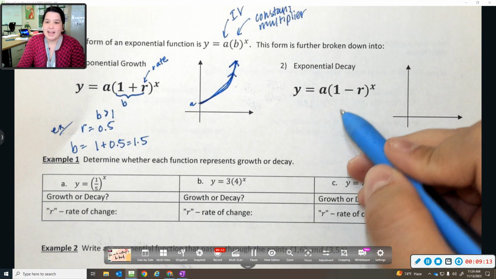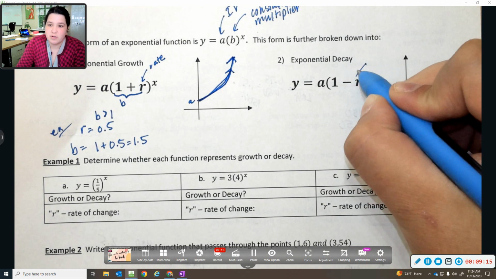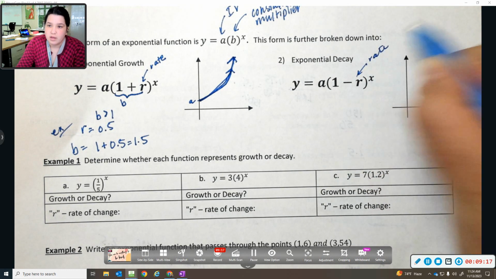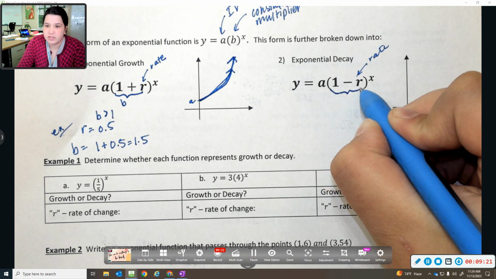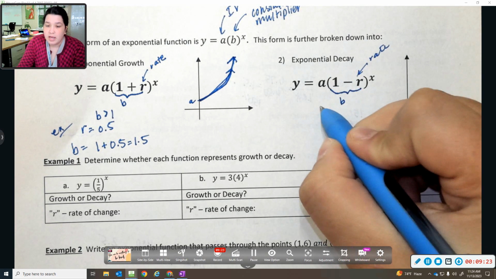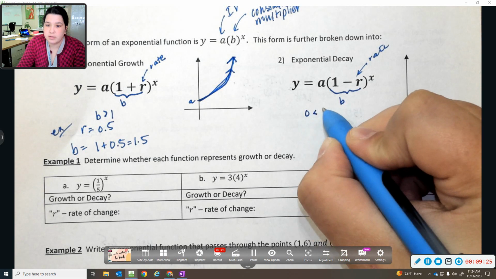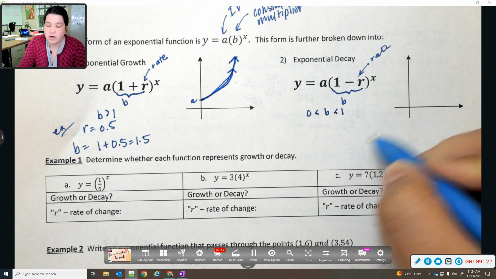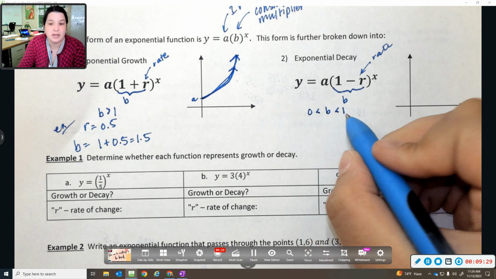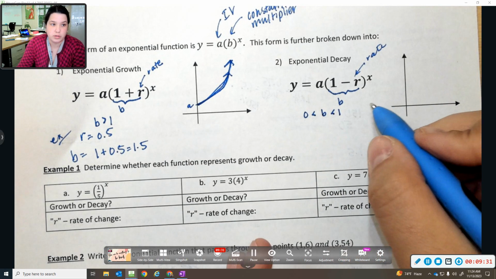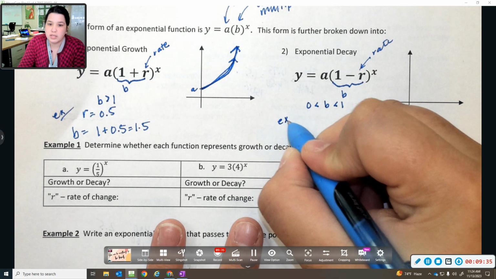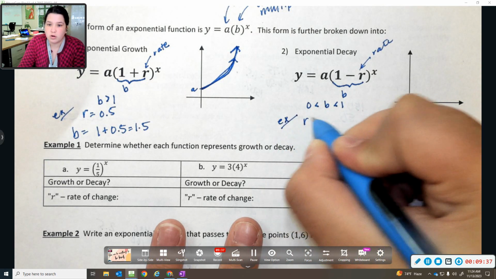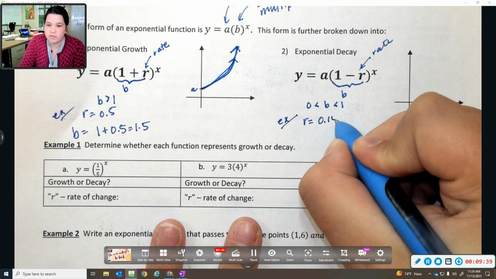Now decay, all right, this is still our rate. But decay, obviously, now we're looking at something that is going to be going down. This is still representing b, and b is going to be in between 0 and 1. All right, so not necessarily a negative number, but it's between 0 and 1. It's less than 1, but it's greater than 0. So let's say our r was 0.15.